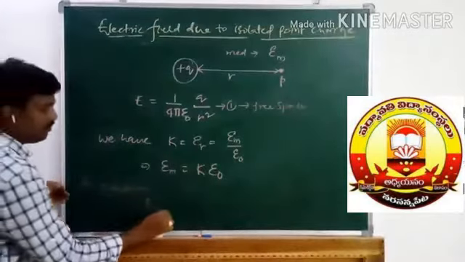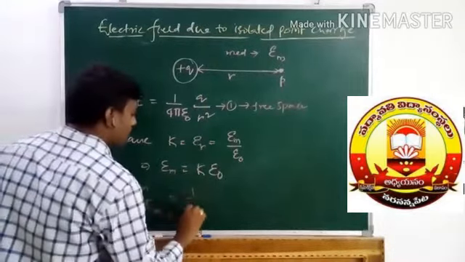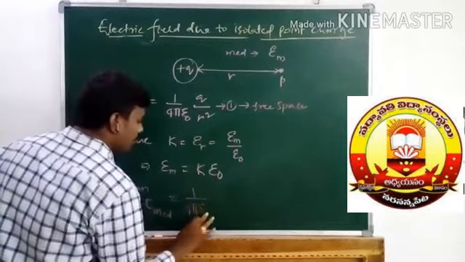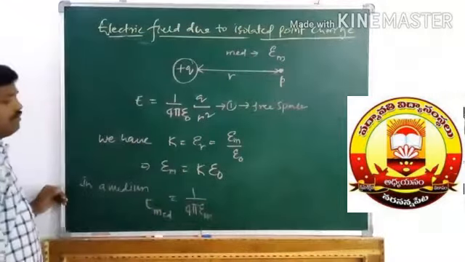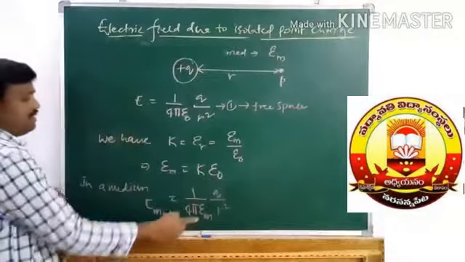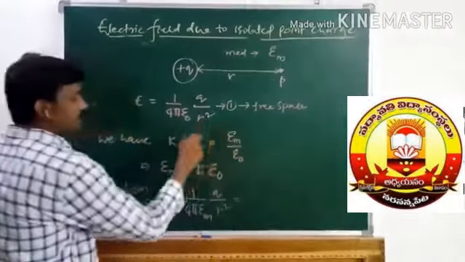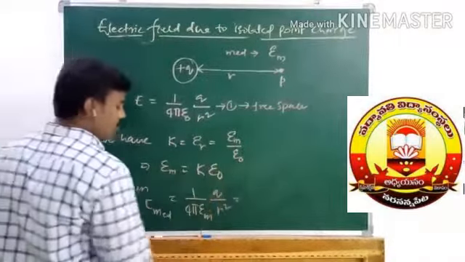This is E medium, that is electric field intensity in a medium, given by 1 by 4 pi epsilon m, which will be epsilon medium into Q by r square, and this epsilon m can be replaced by K into epsilon naught.